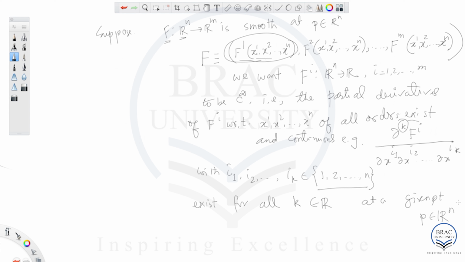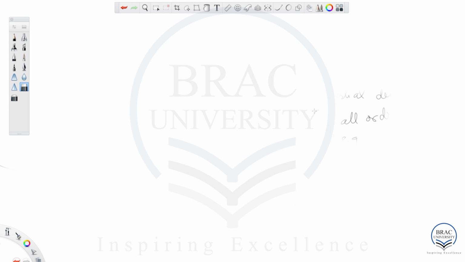Then we say that this function is a smooth map between two Euclidean spaces. We know it, but I wanted to review it.